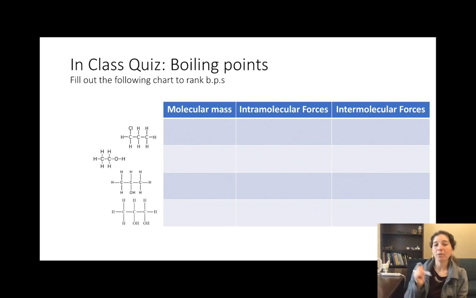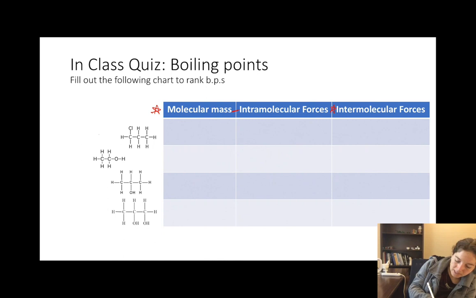Okay, so I'm going to give you a couple of substances, and I want you to rank these boiling points. You're going to need some information in order to do that. You're going to need to look at the molecular mass of these things, and you're going to need to look at the intermolecular forces. In order to determine your intermolecular forces, you might also need to determine your intramolecular forces, until you get quicker at this. So I'm going to ask you to rank these boiling points.